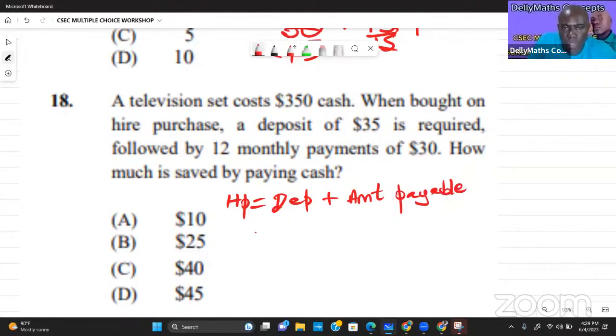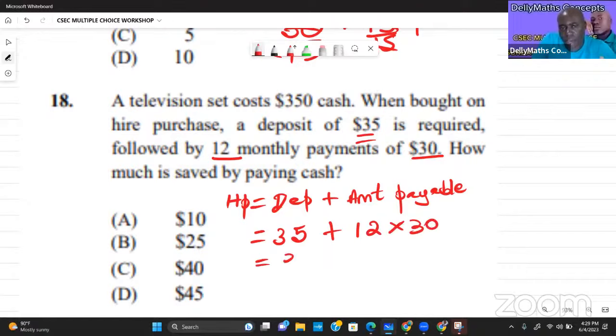So let us set up what the deposit was. The deposit was $35. The amount payable was 12 months of paying $30, so it's going to be 12 times 30, right? So if we break this down, 35 plus 360 gives me 395.